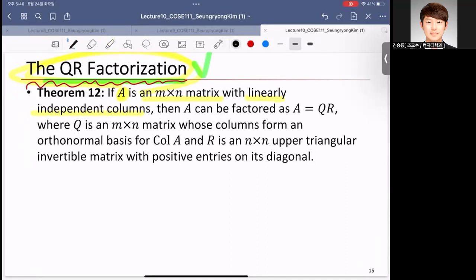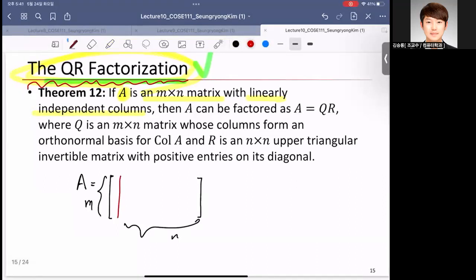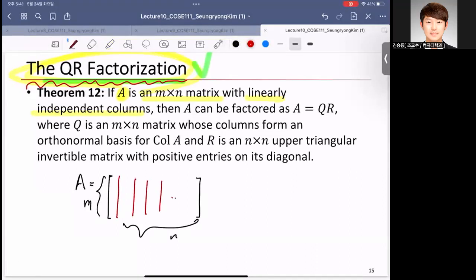So we have a matrix A, m by n, and we just assume that each column vector is linearly independent.